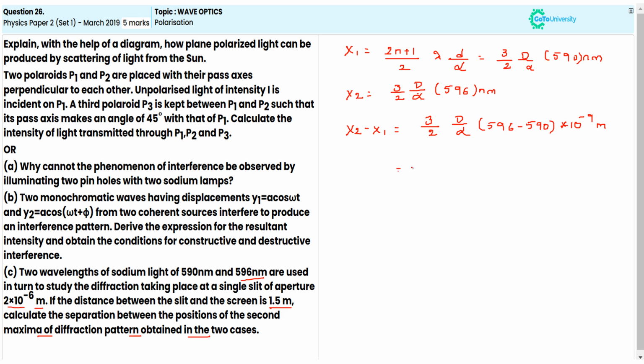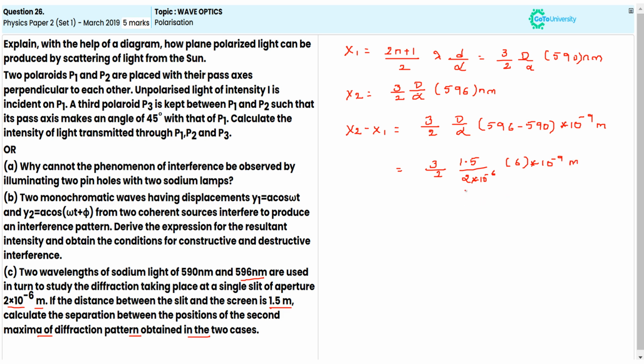Okay, then we'll get the value 3 by 2 into 1.5 meter divided by 2 into 10 to the power of minus 6 into (596 minus 590) into 10 to the power of minus 9 meter.